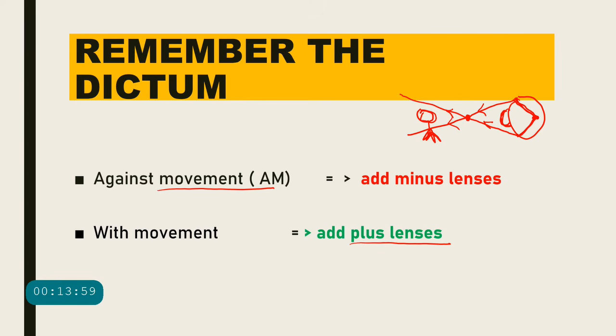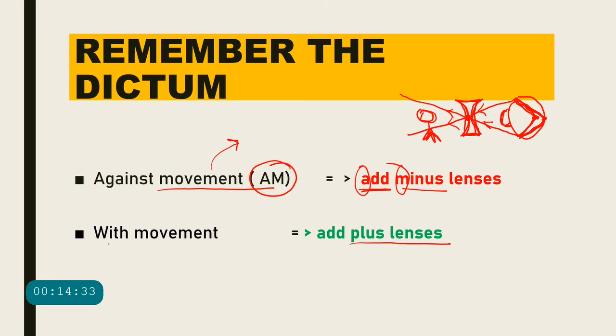Now over here, if you add a minus lens, which is a diverging lens or a concave lens, we know that the concave lens will shift the image onto the retina. As the image is shifted onto the retina, the far point is also shifted to infinity. So whenever you get against movement, it is an indicator that the patient has myopia, and you can remember this mnemonic of AM: against movement, add minus lenses to reach the neutralization.